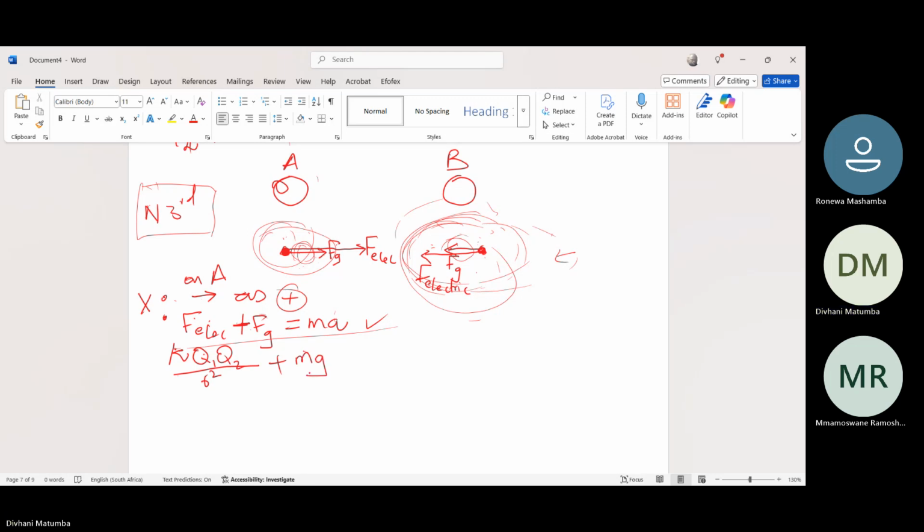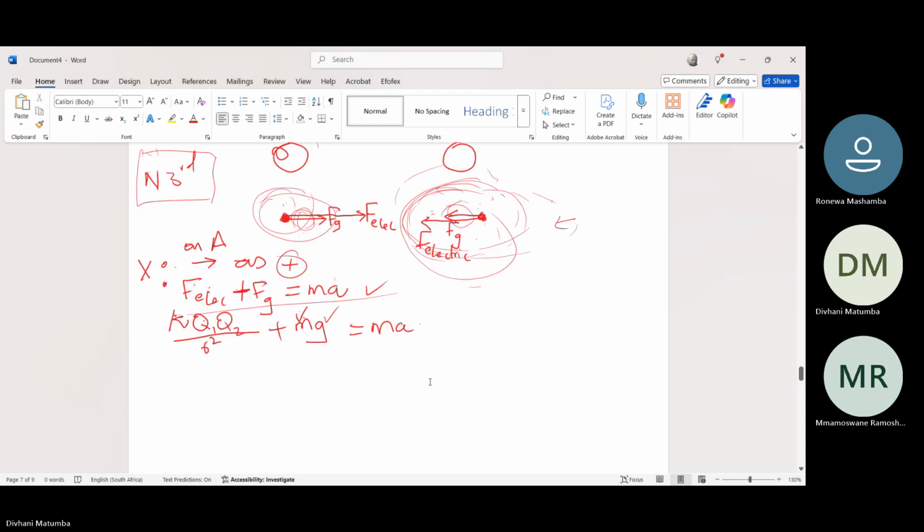Okay. Why are you laughing? Am I wrong? You are not wrong. It is just that some of the values you won't get. For instance, we do have the mass, but do you have the gravitational acceleration? But if you have it, then I don't mind. You're not wrong. We will get to the same answer.